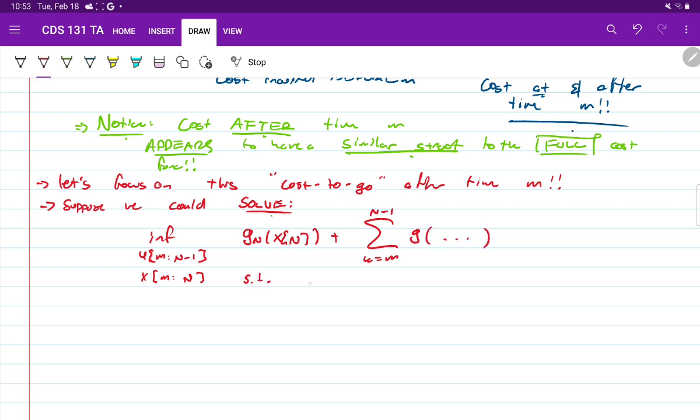It's going to be subject to x_{k+1} = A x_k + B u_k, and let's say x at time m is just equal to some value x. So let's say we could solve this for all x, okay?